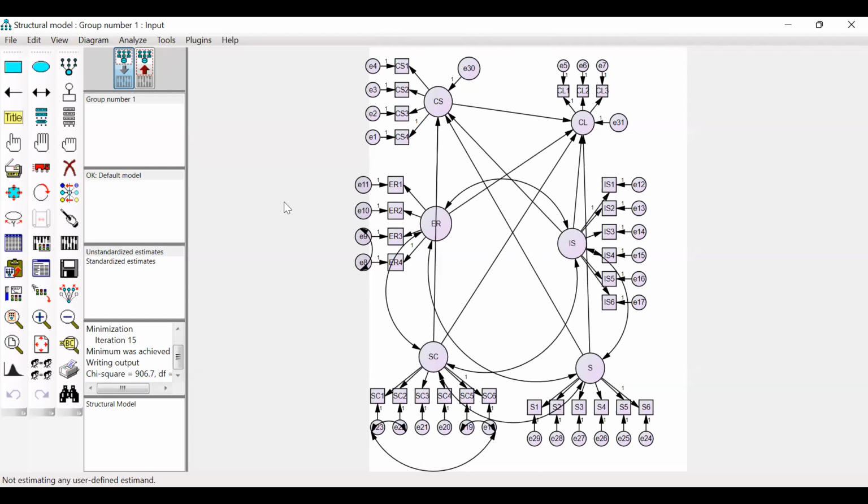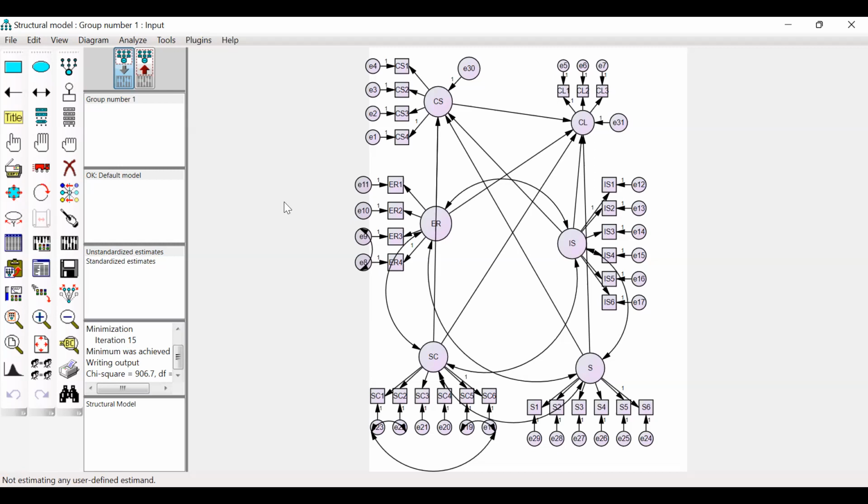Any of these, ERIS or CNS, you take, there is a direct relationship between them and CL, and then there is a mediating relationship between ERIS or SCNS through CS to CL. So that's what a mediator is: one variable which specifies how or by which mechanism a given effect is occurring between an independent and a dependent variable.